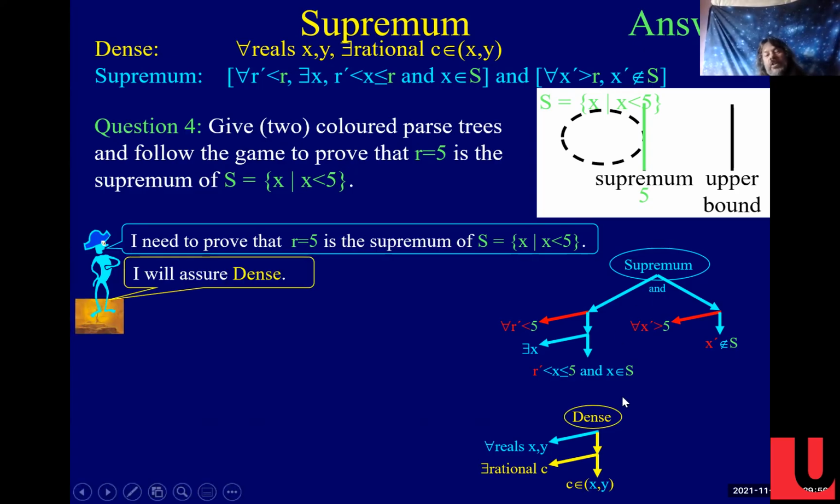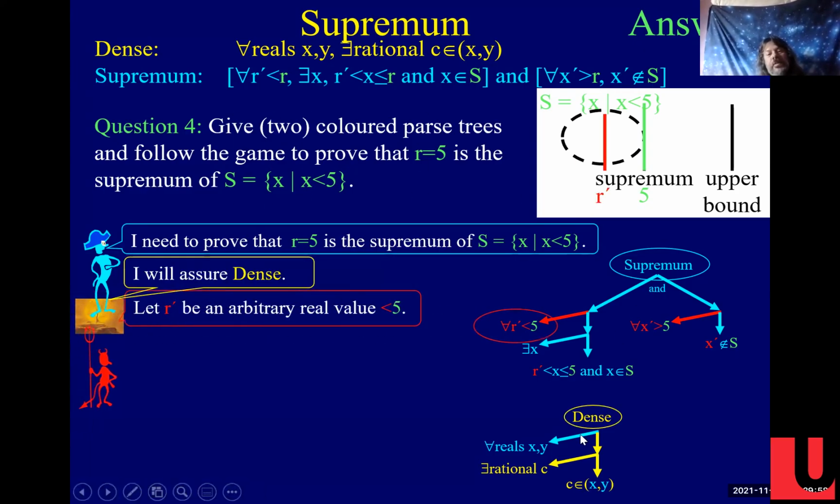So she's going to assure us that dense is true, and then this adversary is going to give me an arbitrary value of r prime less than 5. All right, so there it is, an arbitrary value less than 5. And now I have to come up with an x. What do I need my x to be?